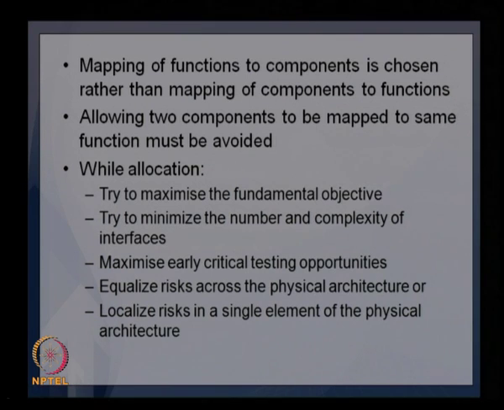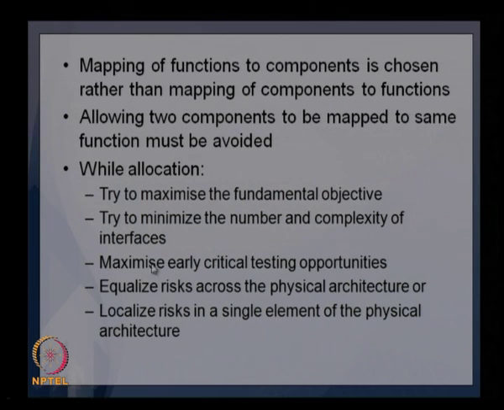If you choose a complex interface, then at a later stage when we develop the interface we find it difficult to provide the required functional specifications or functional performance, because the architecture is very complex. So, whenever we have an option to choose an architecture, we should always try to minimize the number and complexity of interfaces. So, that is another point to be taken care of while choosing an architecture.